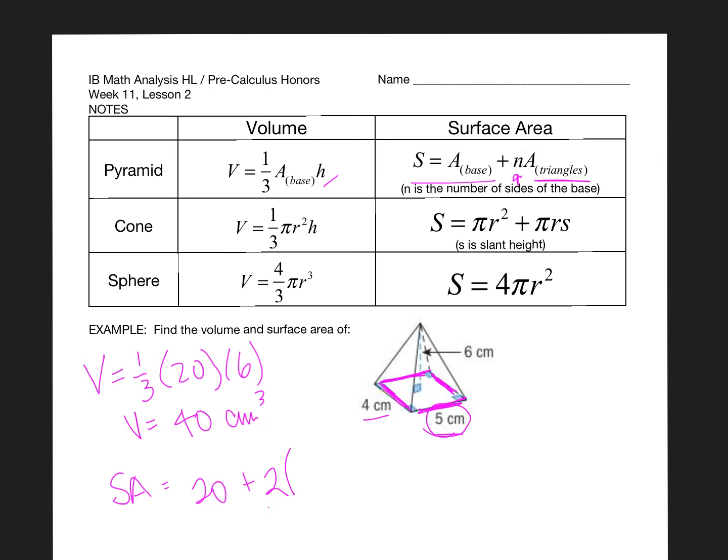So the area I'm looking at, let me see if I can shade this in. This triangle right here, it's that face right there. There's 2 of them. So I have half of the base times the height of this triangle, which I don't know right this second. I'm going to have to use this right triangle, and you're going to have to think 3-dimensionally to figure out that hypotenuse.